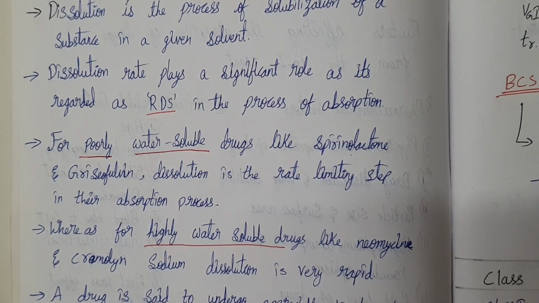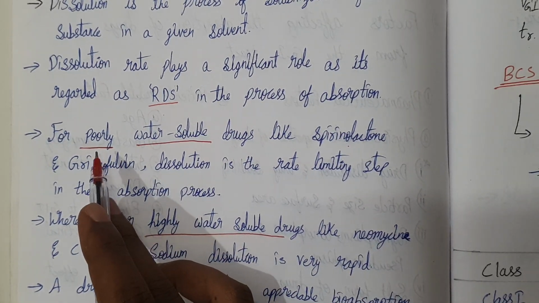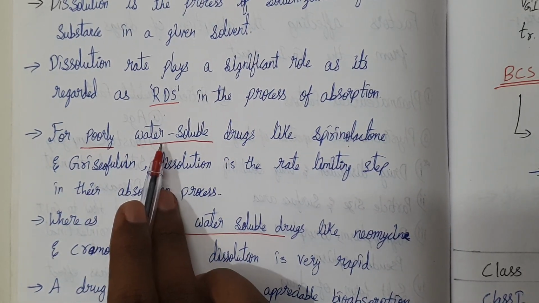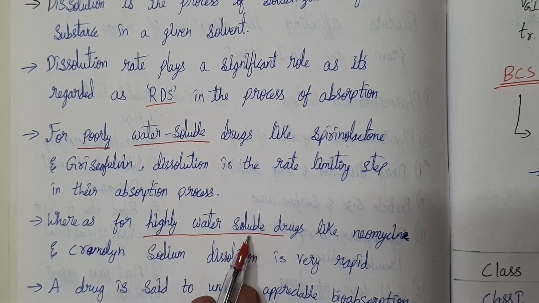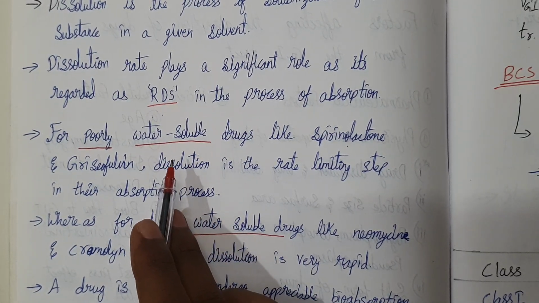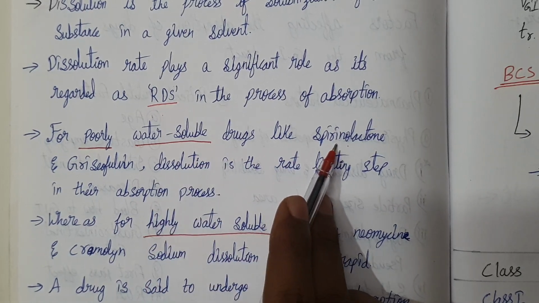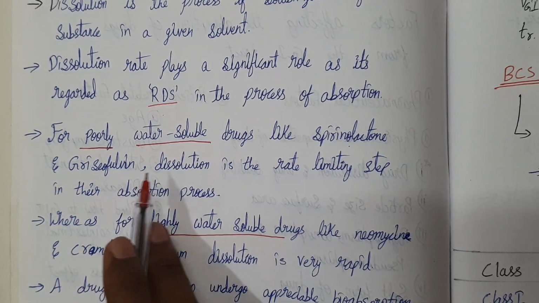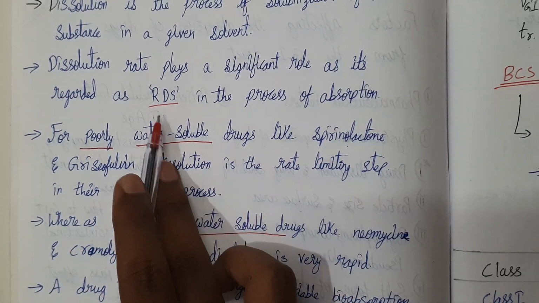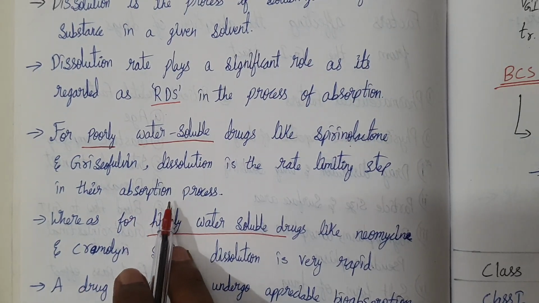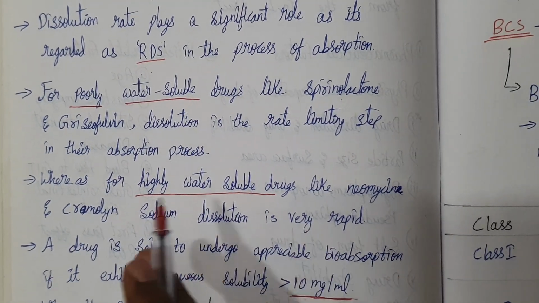For many drugs, we'll discuss poorly water soluble drugs and highly water soluble drugs. For poorly water soluble drugs like spironolactone and griseofulvin, dissolution is the rate determining step in the absorption process.